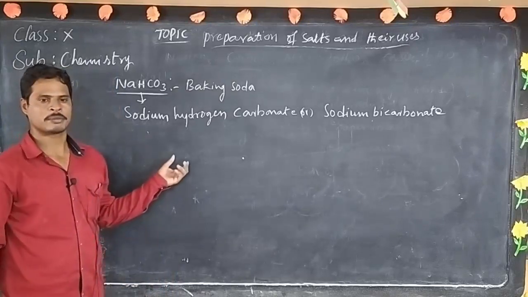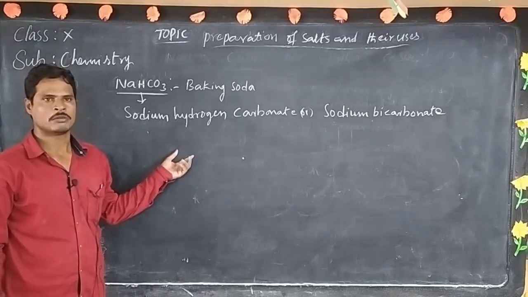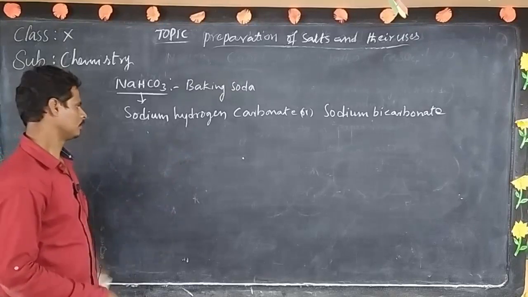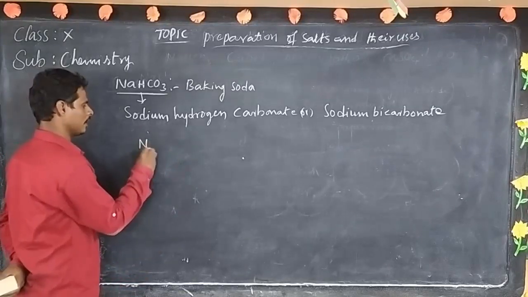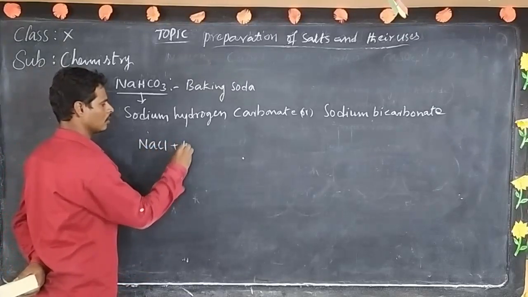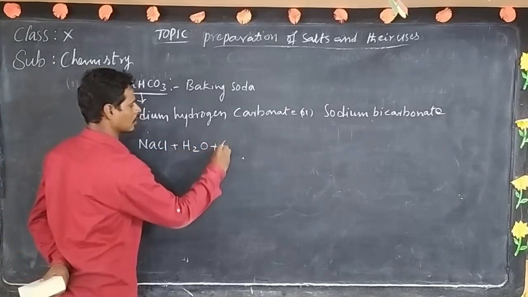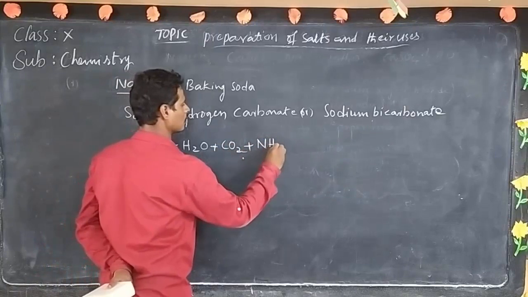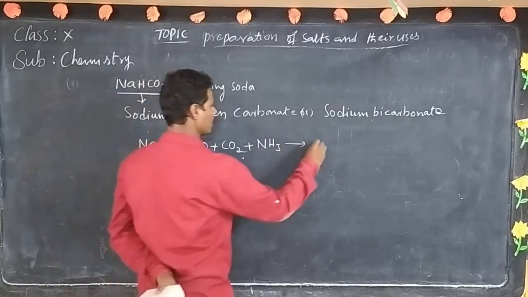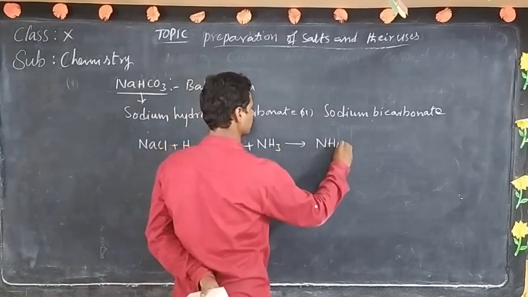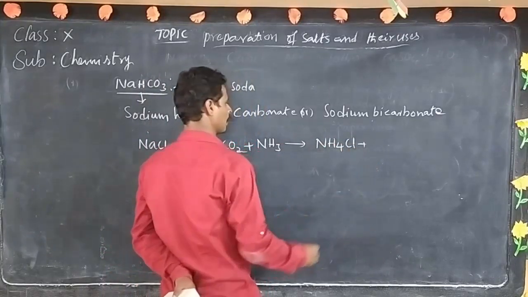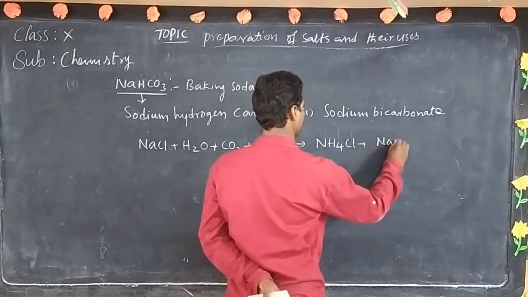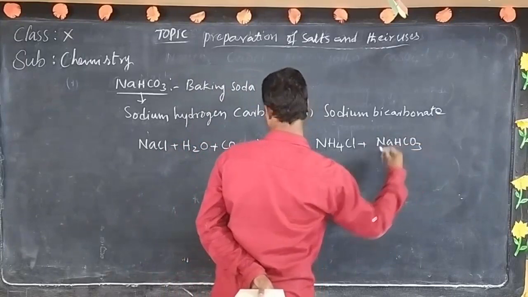Next, how can you prepare sodium bicarbonate? Sodium chloride reacts with water plus carbon dioxide plus ammonia to form ammonium chloride plus sodium bicarbonate.